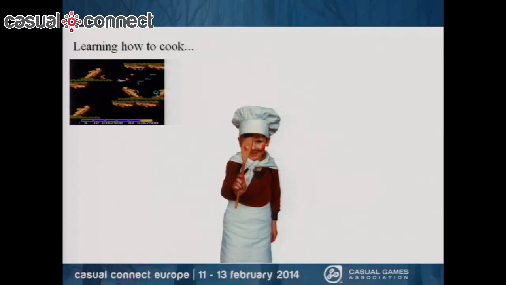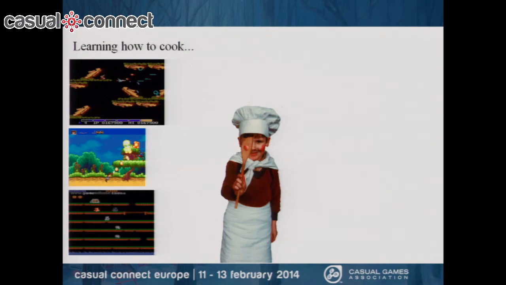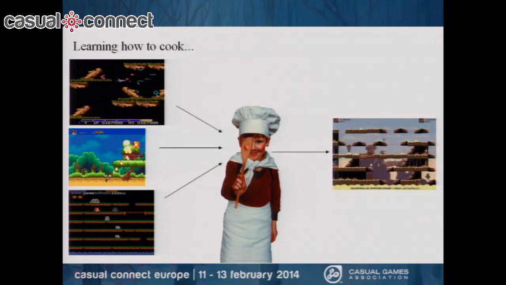So here we have a horizontal shoot 'em up, in this case Gradius, but you can replace this with any other shoot 'em up, like R-Type, and there are other similar titles. Gunstar Heroes is another example, and a really old arcade game called Sun from the 80s. Take those three games, put them in the stove, and get something that resembles Wild Force, with the automatic scrolling from the horizontal shoot 'em up.